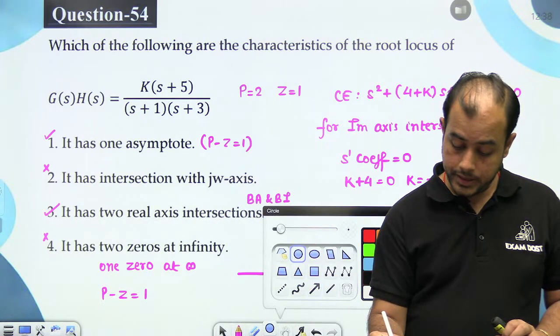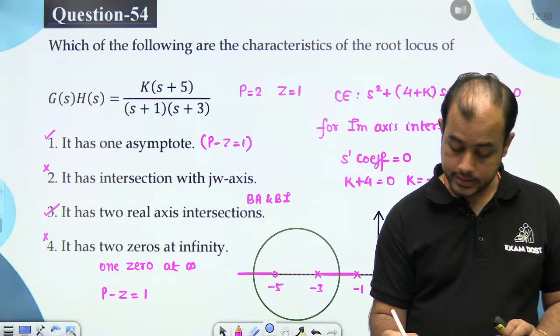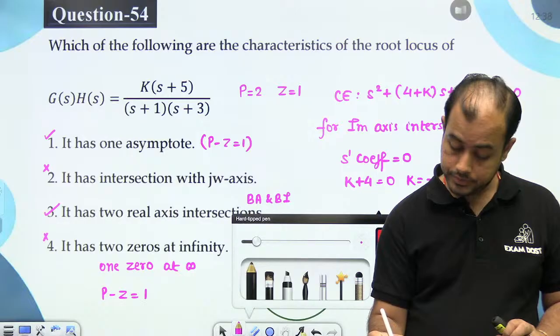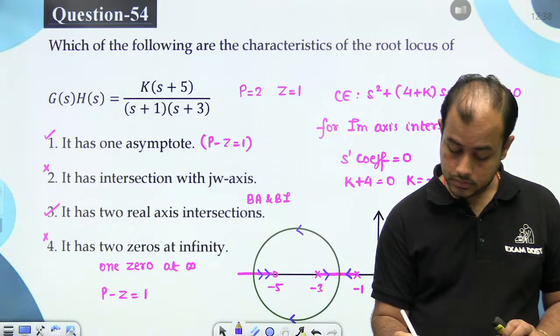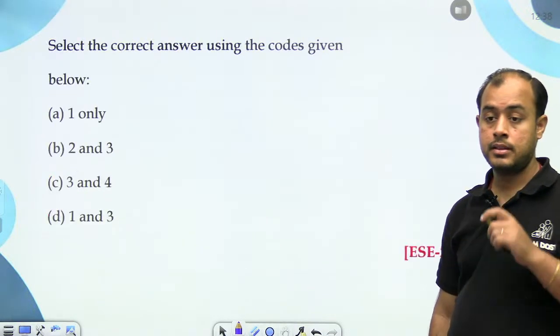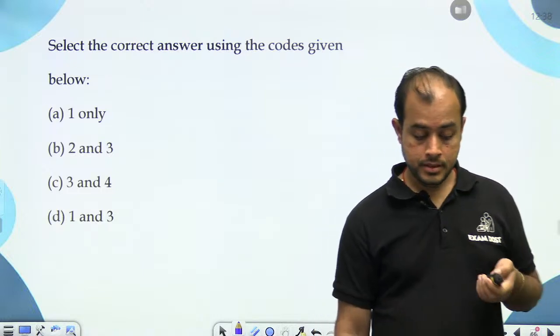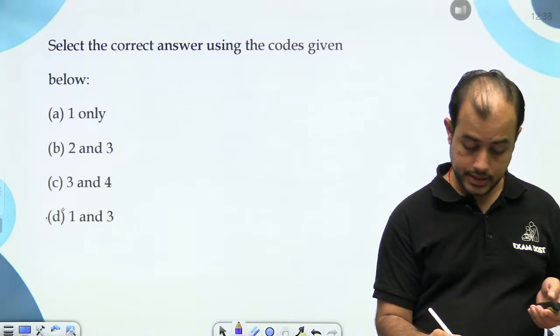So there will be a intersection with the real axis like this. So break away and break in point. ठीक है? तो आंसर क्या है? 1 and 3, D.